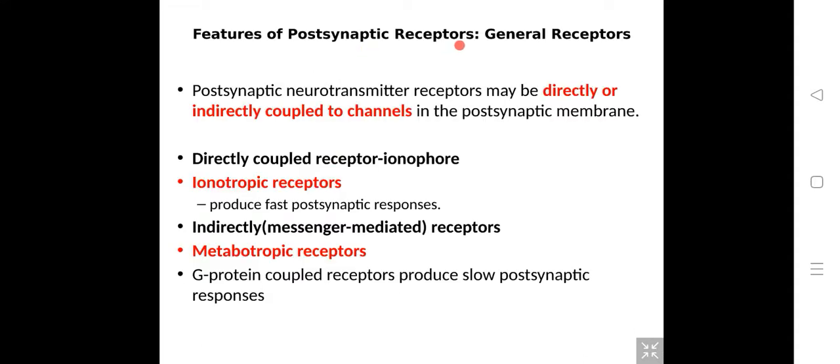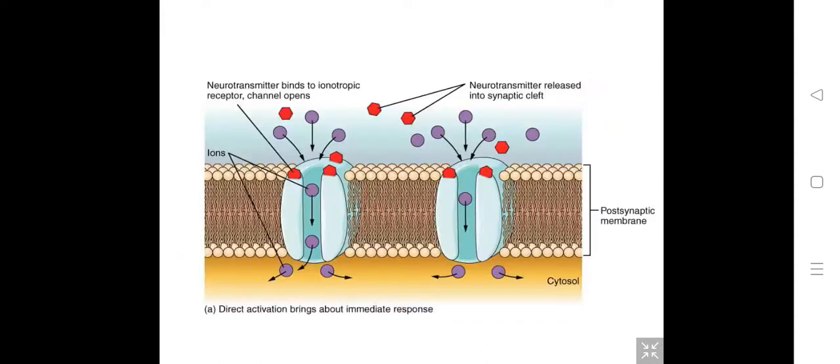Features of postsynaptic receptors: there are several general features. Postsynaptic receptors may be directly or indirectly coupled to channels. The example that I showed you is a direct receptor because it is right on the channel itself.